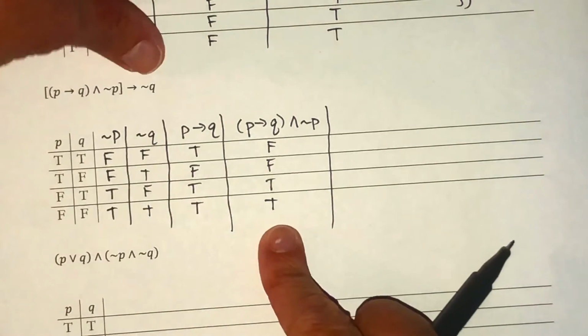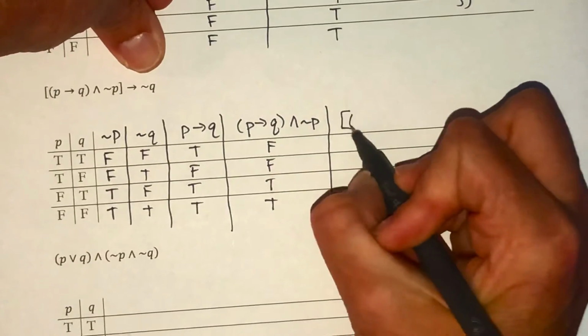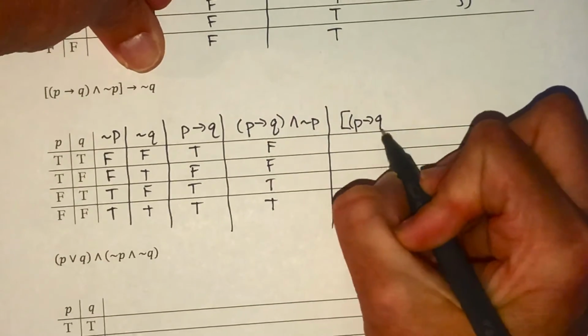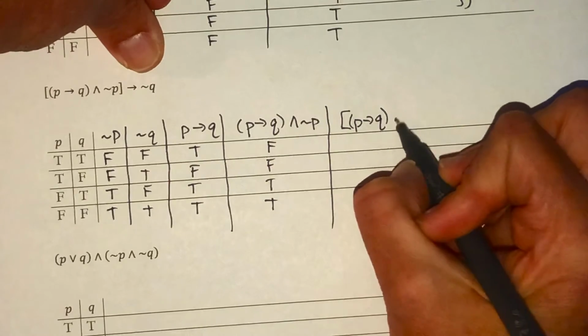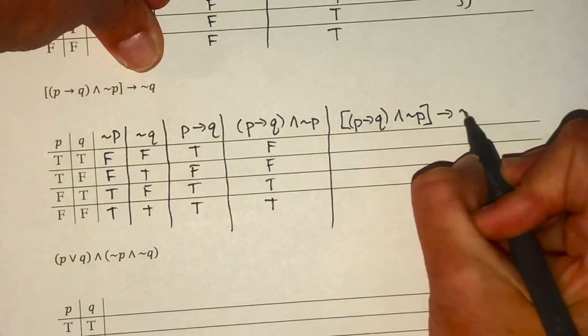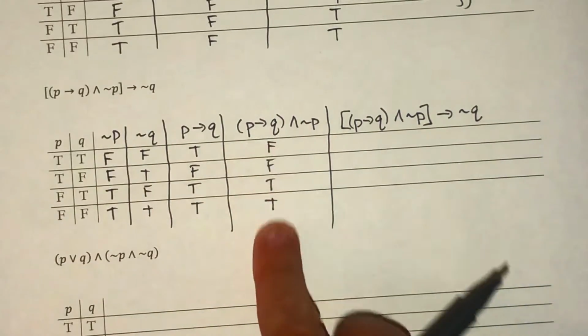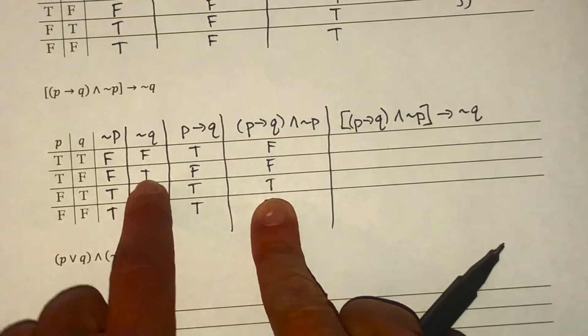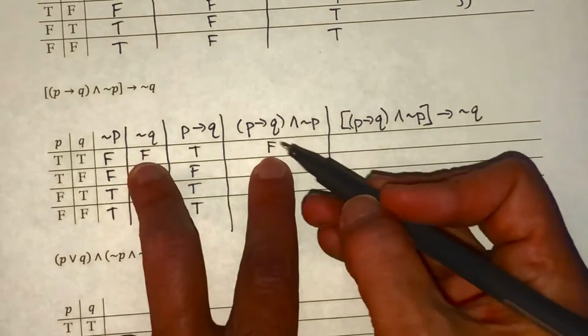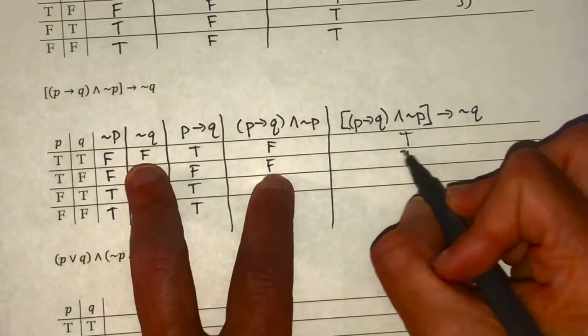Now finally, I am able to do this conditional. So what I need to do is, this is my first statement here. Not Q is our second statement. And if our first statement is false, the overall thing is true. So that one is also going to be true.